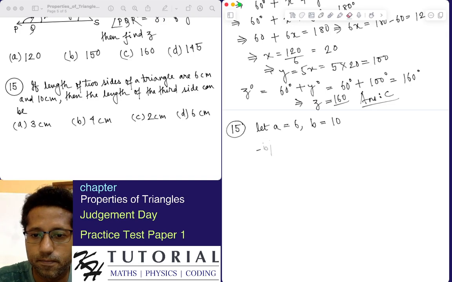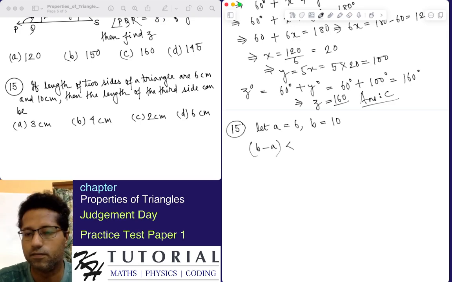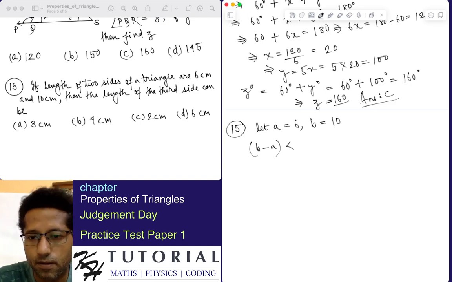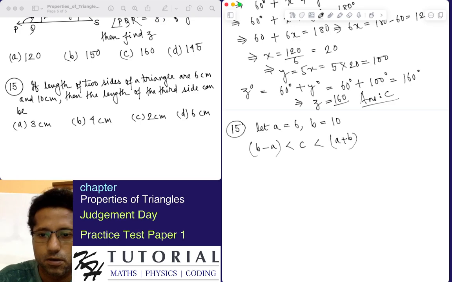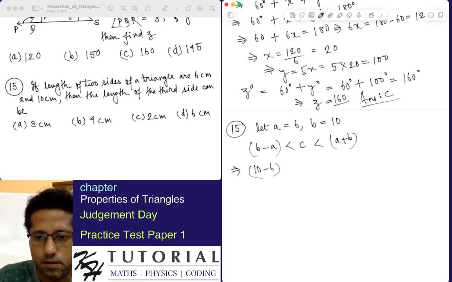So we can say in this case B minus A. If the length of the third side is C, as per triangle inequality, C should be greater than B minus A and less than A plus B. So B minus A is 10 minus 6, less than C, less than 10 plus 6.